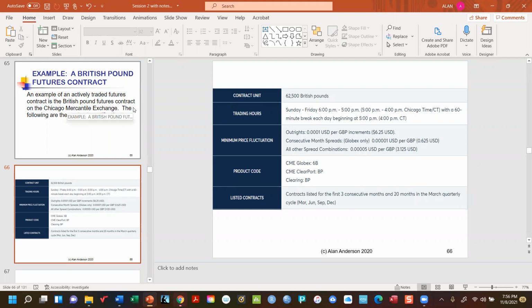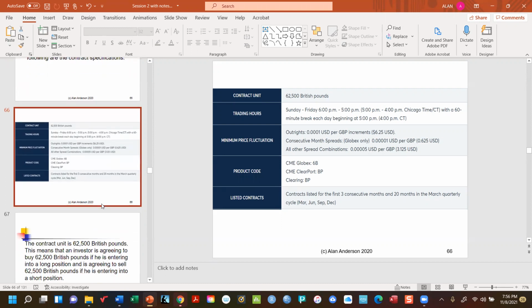This is the standard traditional British pound futures contract trading on the CME. Now, the price changes have to be at least 1/100th of a cent per pound, which works out to $6.25 per contract. The delivery months are only available in March, June, September, and December. And you can see there is not much flexibility here.